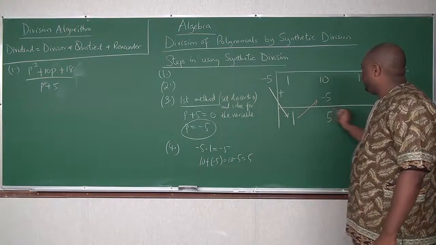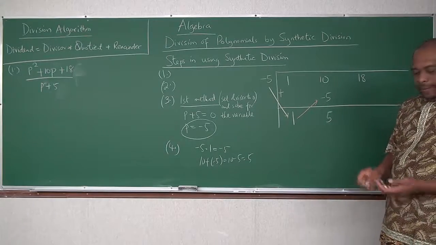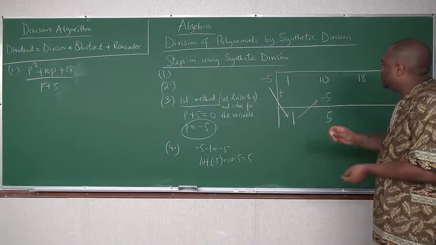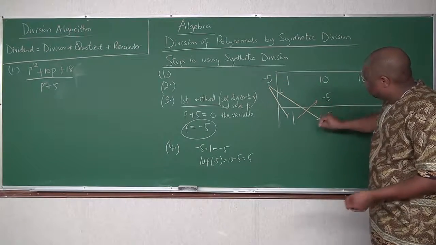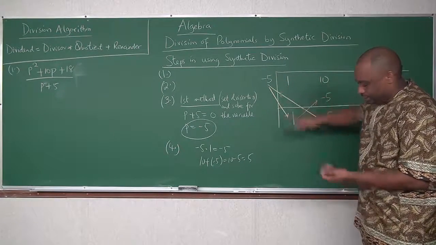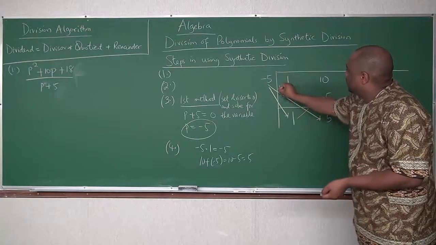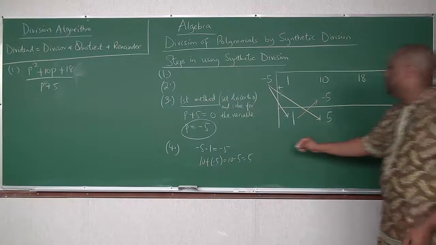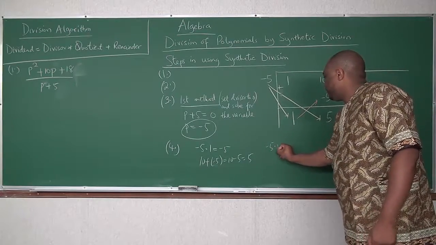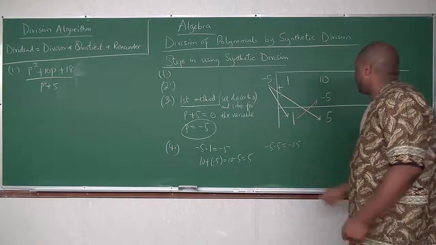You write 5. Then you do the same thing: -5 times 5 gives you -25.